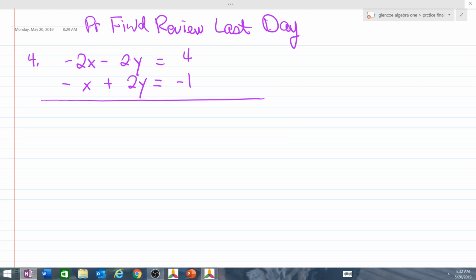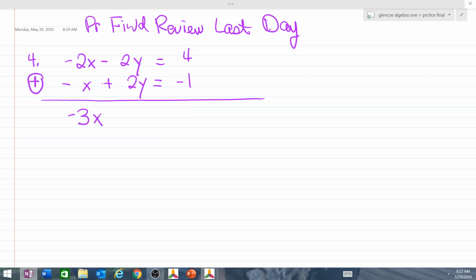In this particular case, in the y variables, the coefficients are the same, but the signs are opposite, which means you're going to add the 2 equations. Negative 2x plus a negative x is a negative 3x.